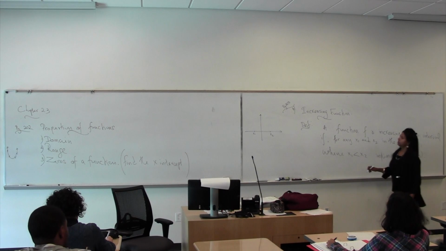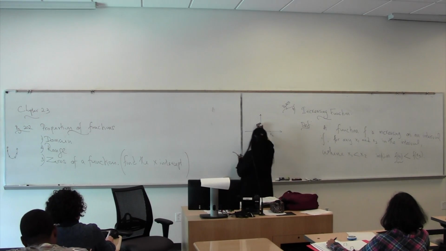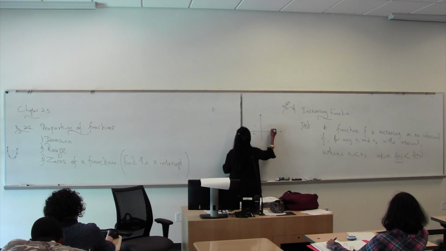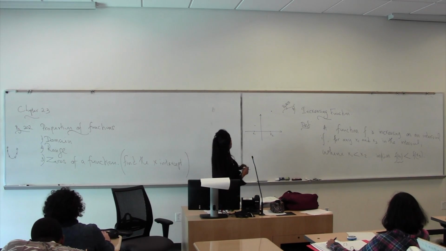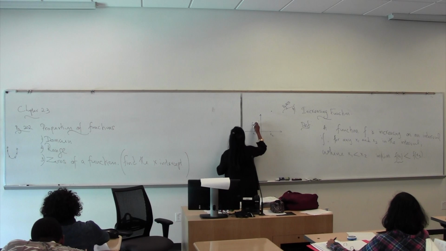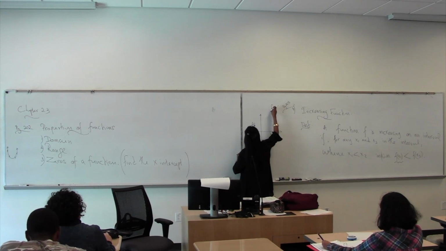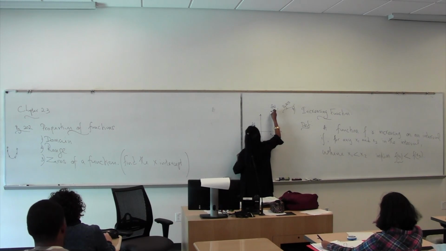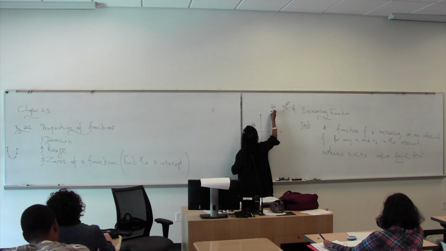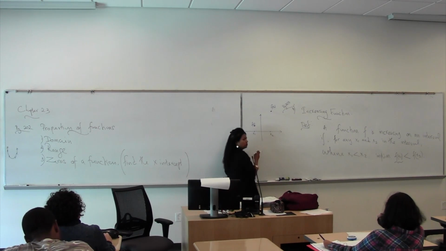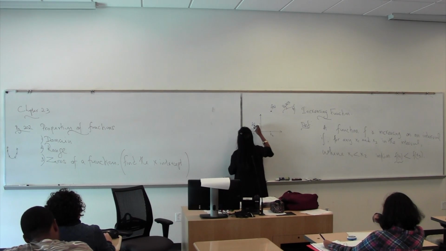So let's say we have f of x1 here and f of x2 here. This point is f of x1. This point is f of x2. So the function point is x2, f of x2, and x1, f of x1. And let's say we have a graph like this.